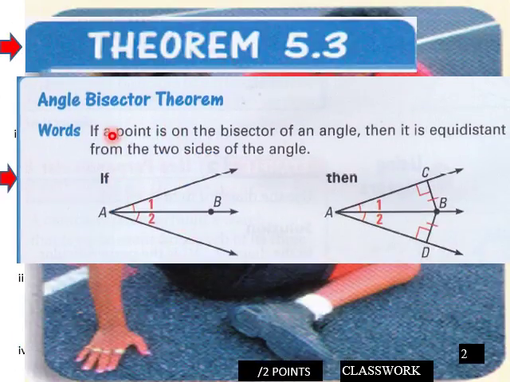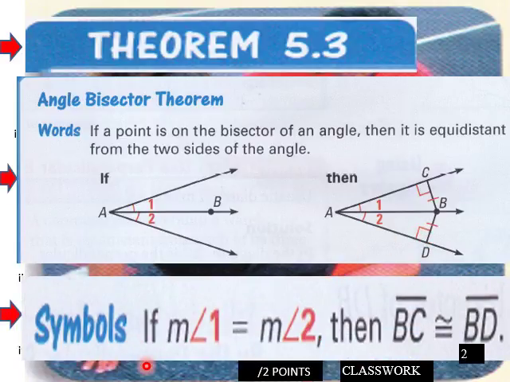Theorem 5.3: if a point is on the bisector of an angle, then it is equidistant from the two sides of the angle. So here's a point, it will be equidistant from there and equidistant from there. This is a bisector here, and that proves that the lengths of these lines are the same.